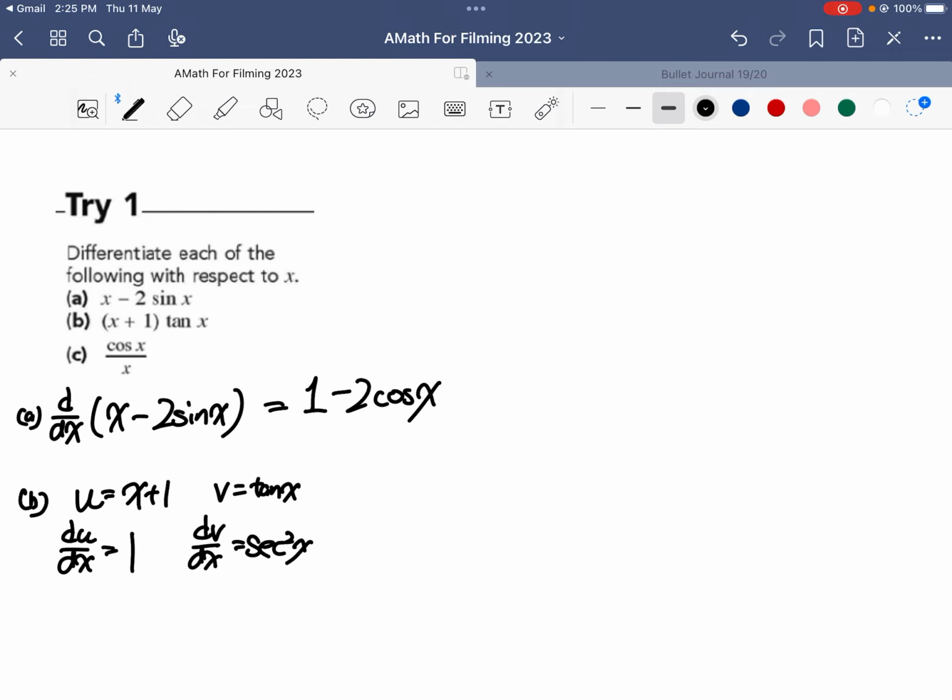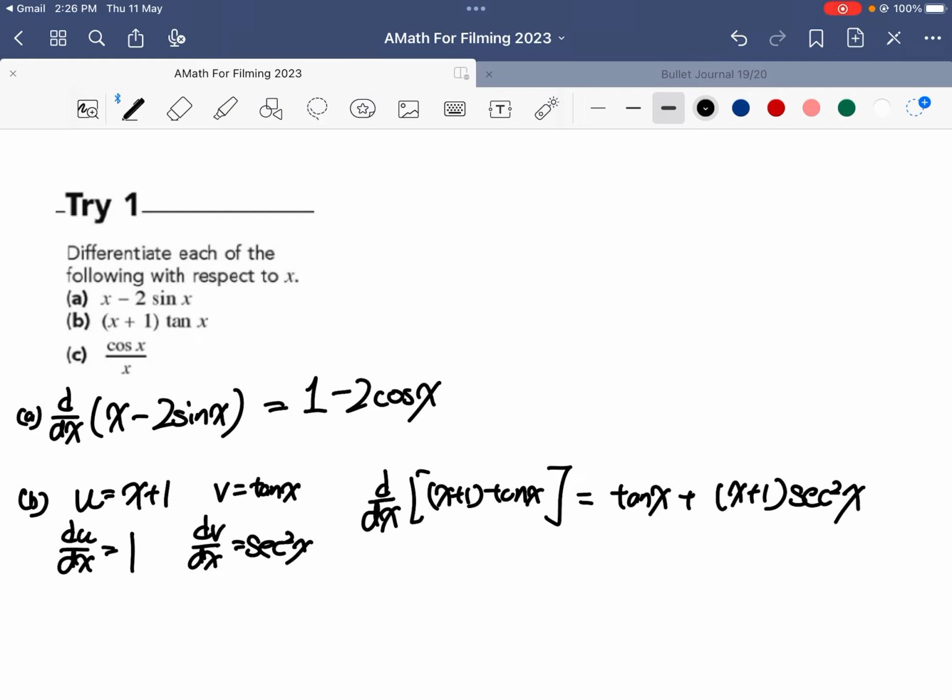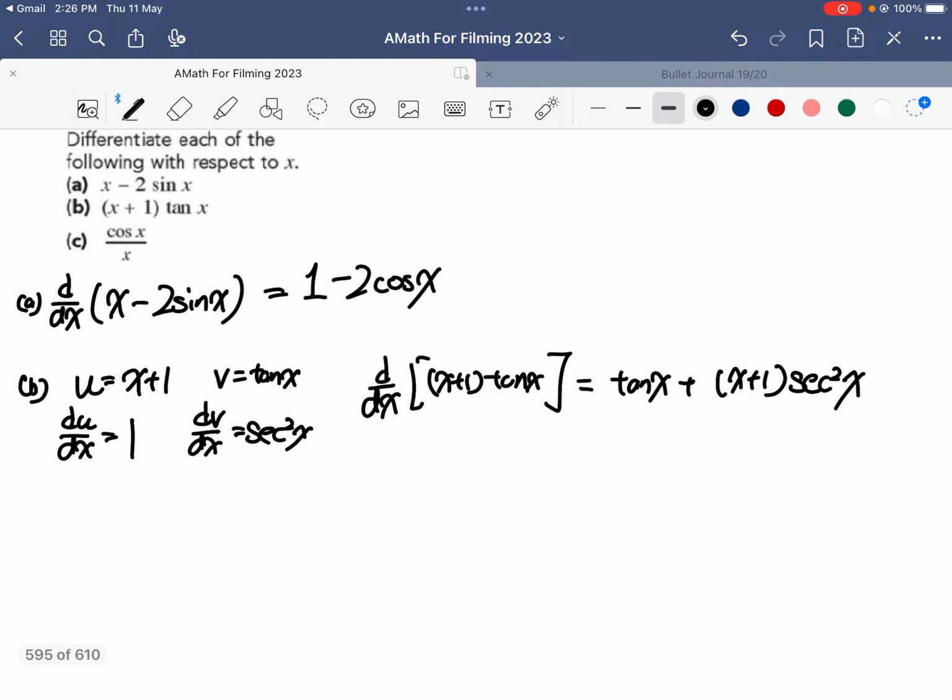Hence, for part B, if I'm differentiating with respect to x, x plus 1 tangent x, what I'm getting is v du dx, tangent x times 1, plus u, which is x plus 1, times secant squared x. You can leave the answer as this, it's perfectly fine.